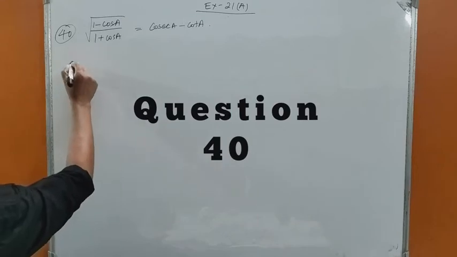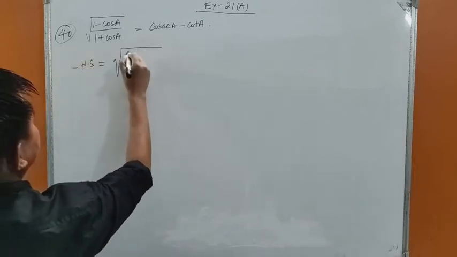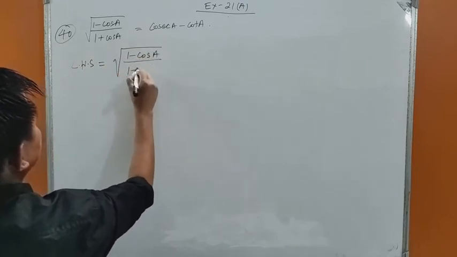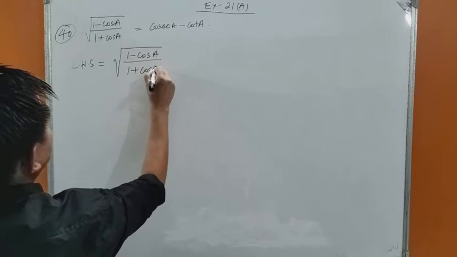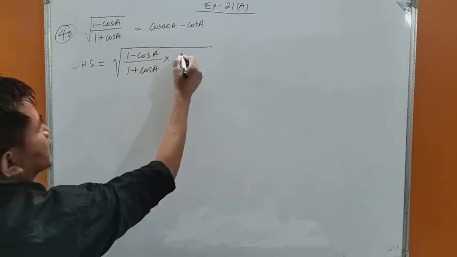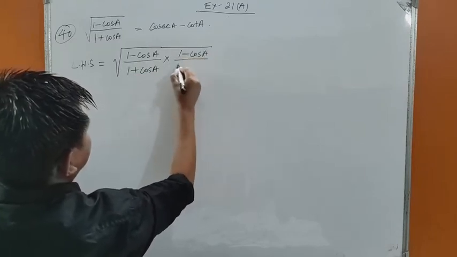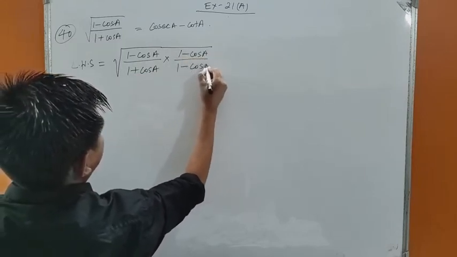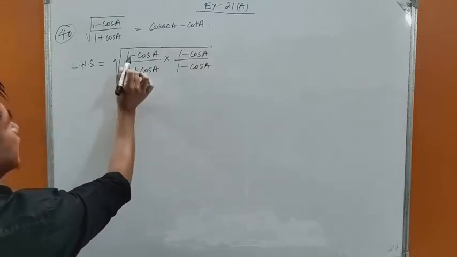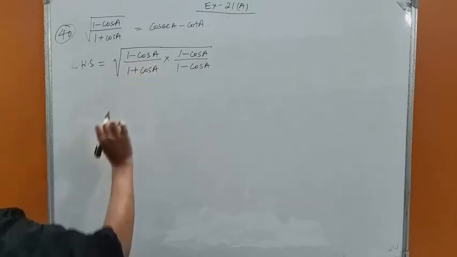So in the left hand side we have root under 1 minus cos a whole upon 1 plus cos a. So let's multiply the numerator and denominator by 1 minus cos a, 1 minus cos a upon 1 minus cos a. Now this 1 minus cos a and 1 minus cos a can be cancelled, and the value of this expression, or the fraction, does not change.